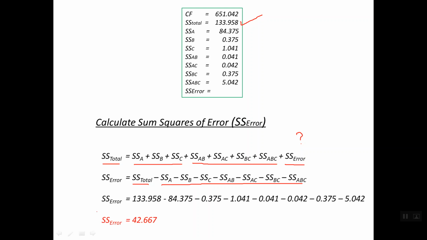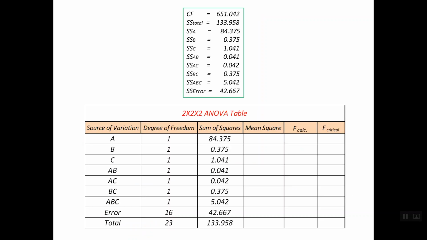So this is the value of the SS for the error. It is 42.667. We fill all of these values of SS inside the three-way ANOVA table.